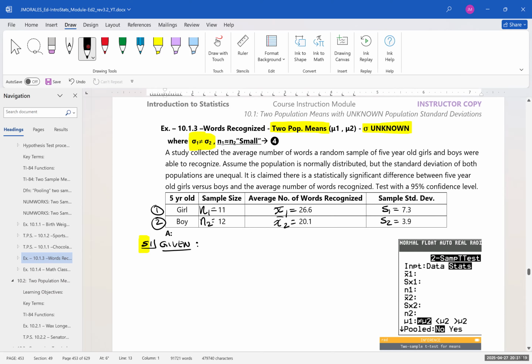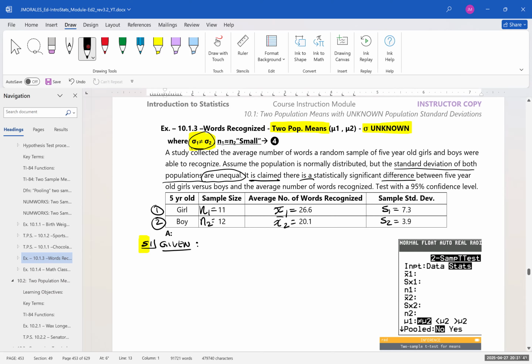Okay, standard deviation of both populations is unequal. That's kind of what I was talking about. It is claimed there is a statistically significant difference. So it is claimed that there is a difference between girls and boys.